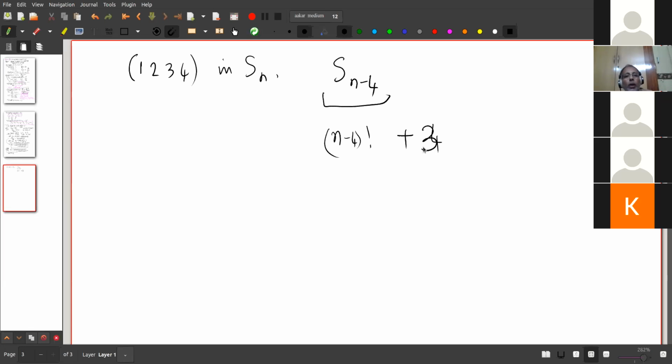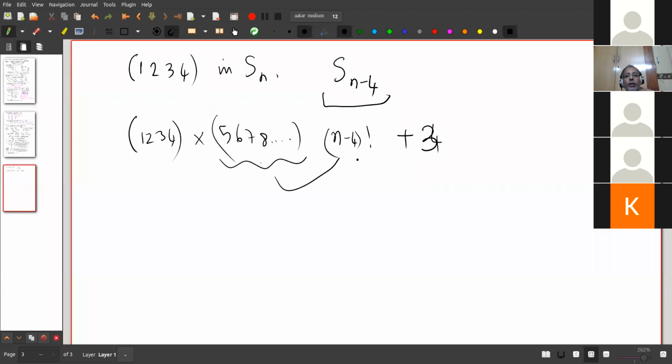Yes. Okay. How about the following? The cycle (1 2 3 4) times (5 6 7 8). Have you counted that here? Yes, sir. This is one of the permutations in S_(n minus 4). Where is this in the plus 3? So you have counted this here, and this here.